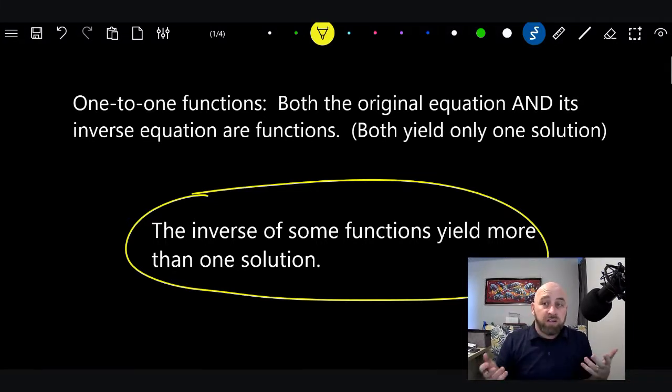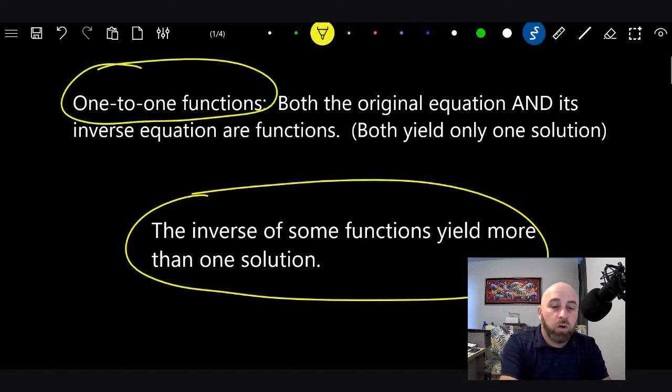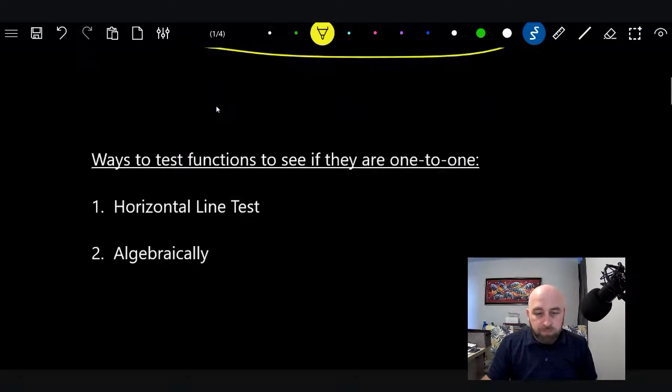Remember, the definition of a function is only one solution. So if the inverse yields more than one solution, then the inverse is not a function. So functions, one solution, inverse functions, one solution. That is what's called one-to-one. And that's what we want to talk about here in this lesson. All right. Let's keep going.